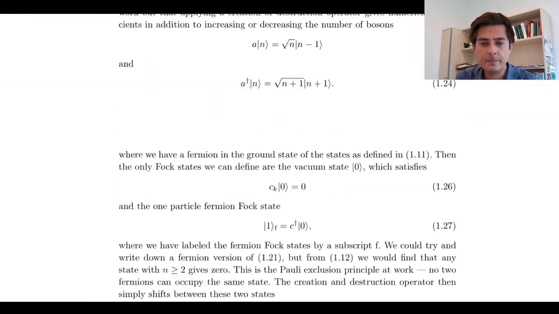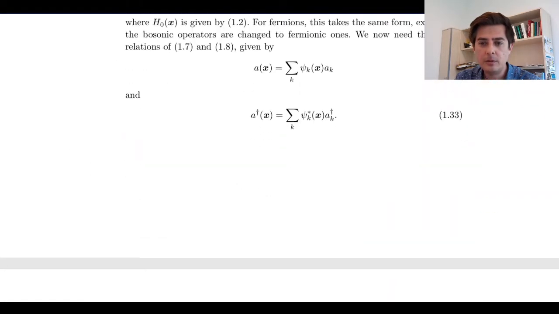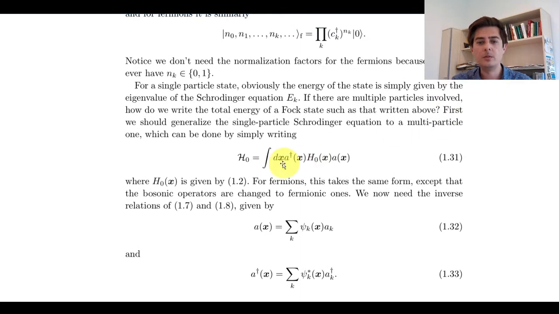And to generalize this to the multi-particle situation, you simply have bosonic operators which run over all space, and then this x variable is the same variable as the x in the single particle Schrodinger equation.